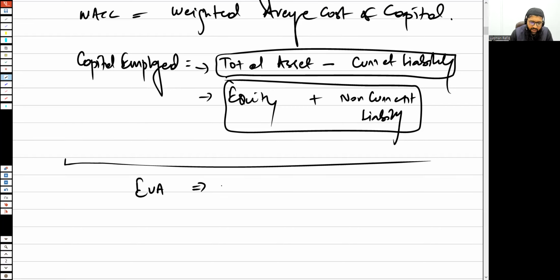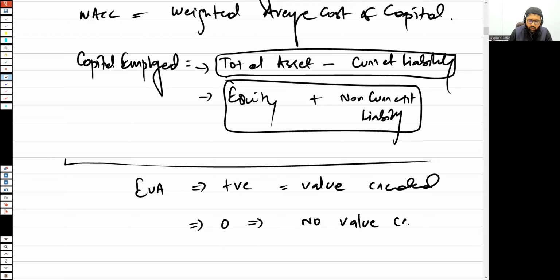If the EVA is positive, that means value has been created for the shareholders. If the EVA is 0, that means no value has been created.